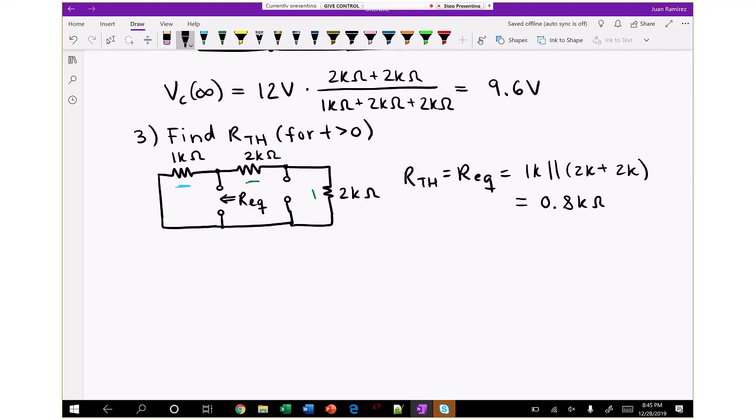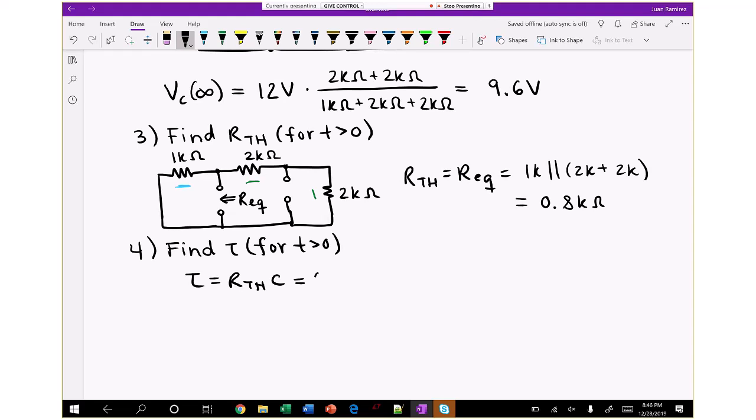Okay, so now we know the Thevenin resistance. With that, we can find the time constant. And again, that time constant will be for time greater than 0, so after the transition. For an RC circuit, the time constant is the Thevenin resistance times the capacitor value.